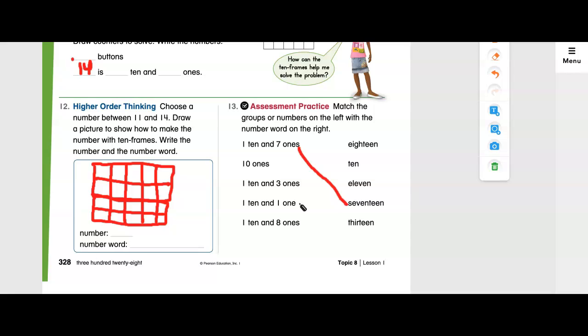Next it says 1 10 and 1 1. Which number word describes 1 10 and 1 1? 18, 10, 11, 13.